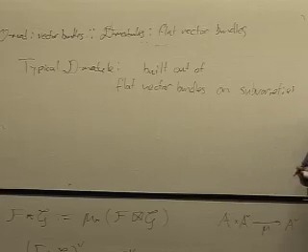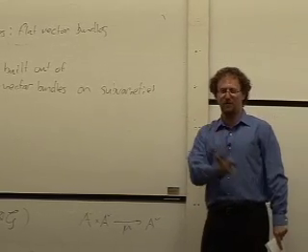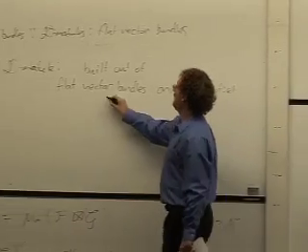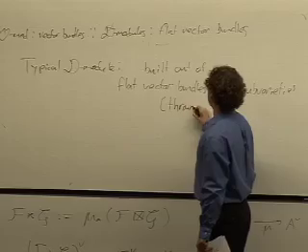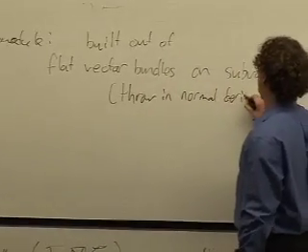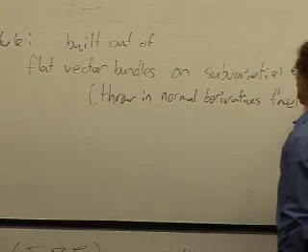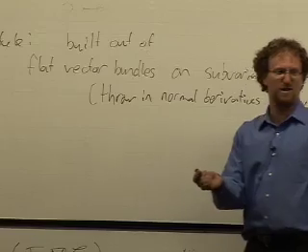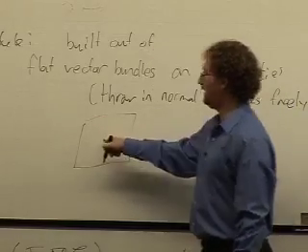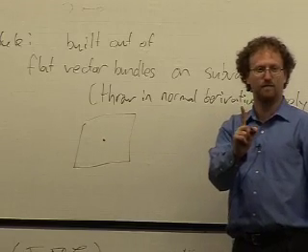Because if I give you a flat vector bundle on a subvariety, I know how to differentiate along the subvariety, but I also need to be able to differentiate in the normal directions. So I have to throw in the normal derivatives for free. The example we saw is delta functions. I have the affine line, I take a point, and I take the flat vector bundle on a point, in other words, just a vector space.